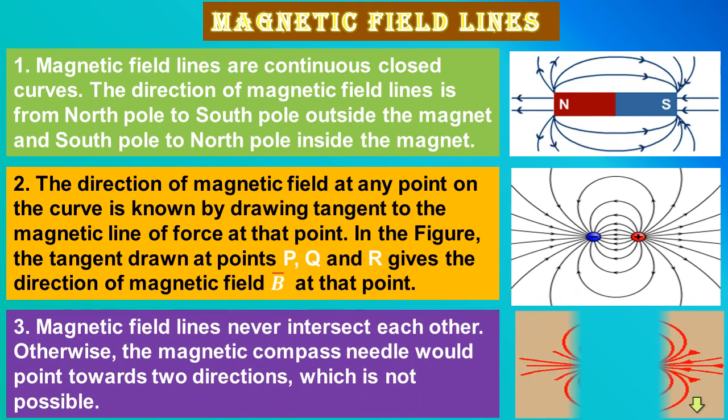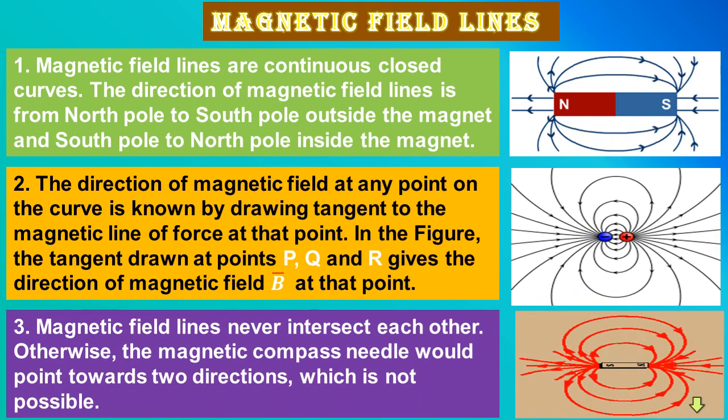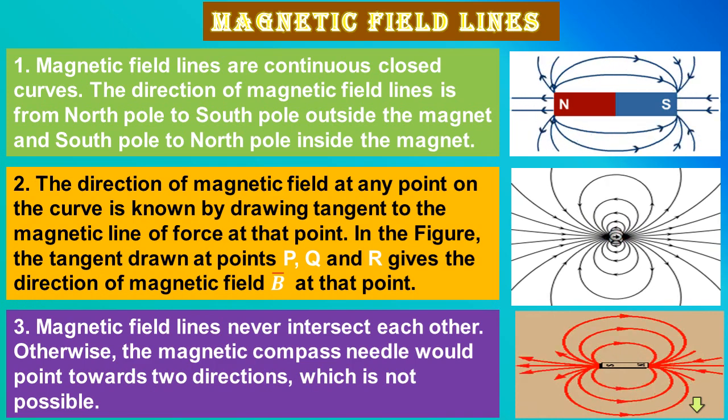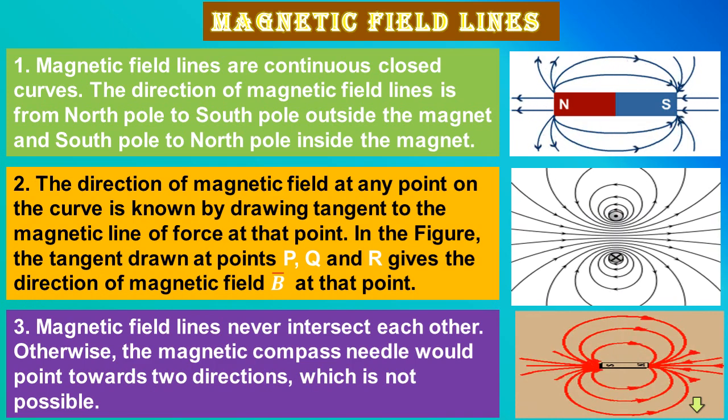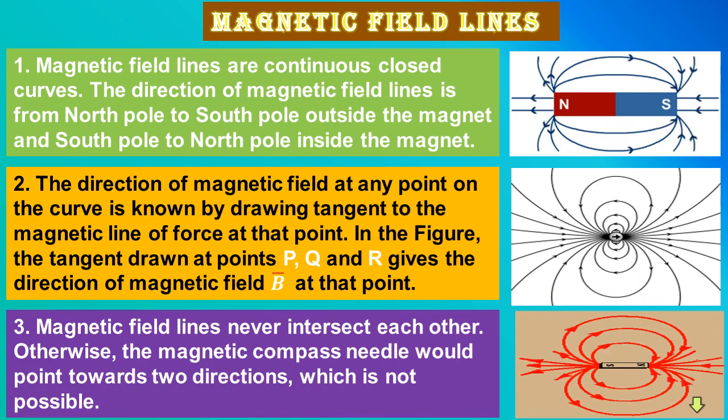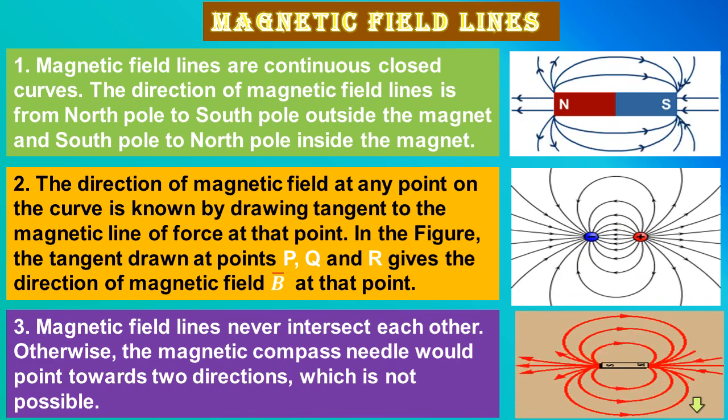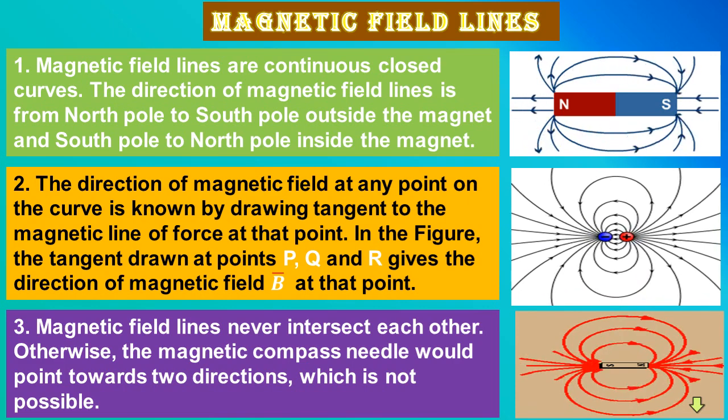The magnetic field lines never intersect each other. Otherwise, the magnetic compass needle would point towards two directions, which is not possible.